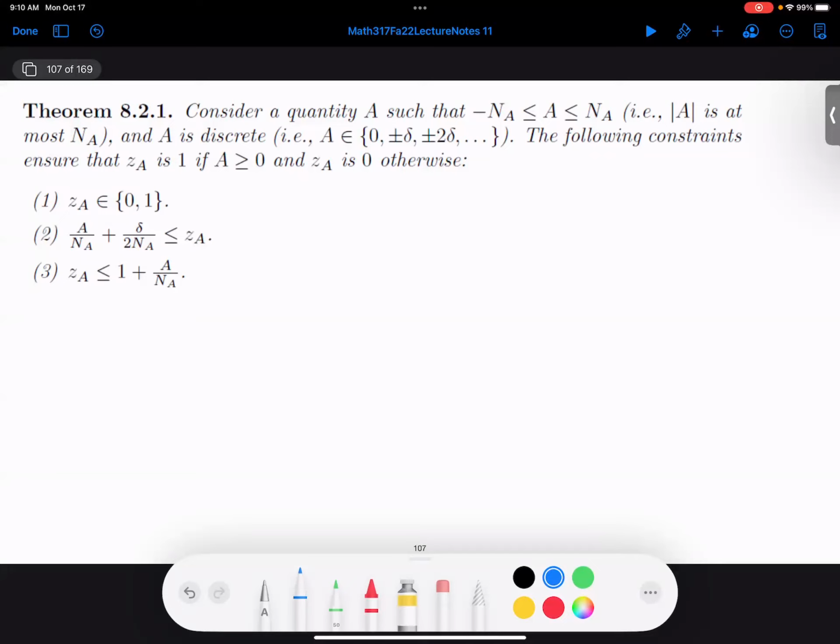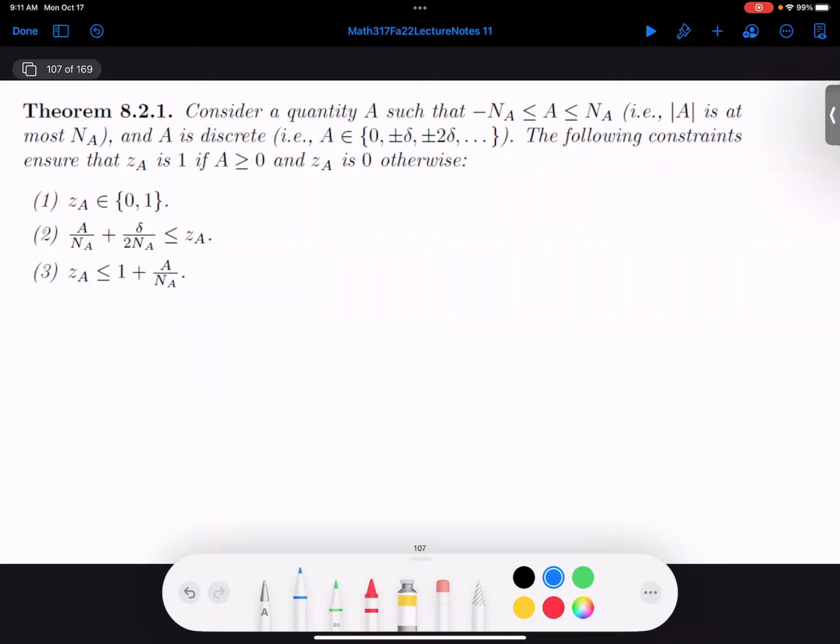The second constraint is I want A divided by n of A plus delta over 2n of A to be less than or equal to Z of A. And then the third is I want Z of A to be less than or equal to 1 plus A over n of A.